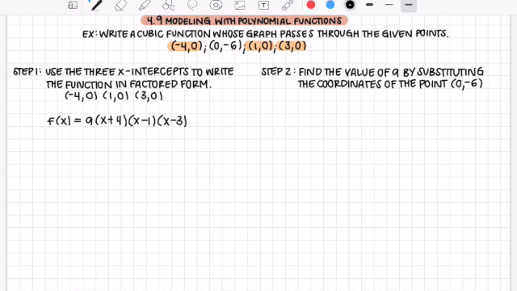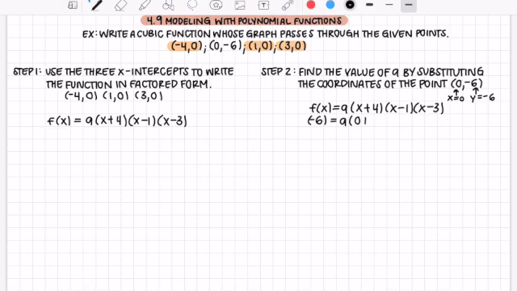So to do that, all I need to do is take my polynomial function with the x plus 4, the x minus 1, and the x minus 3, and substitute my y value for -6 and my x values for 0. Since we have here x equaling 0, this would be y equaling -6.